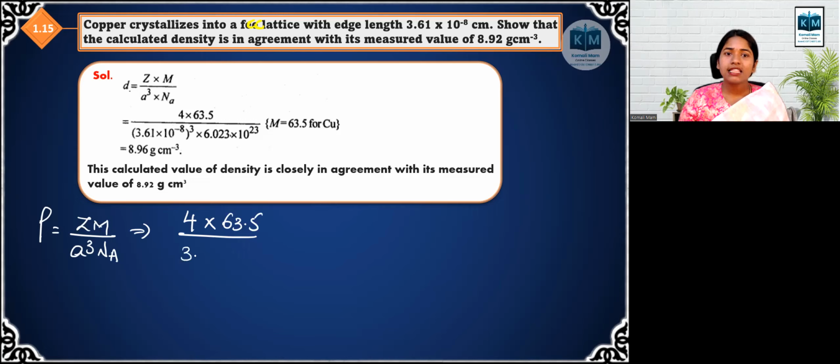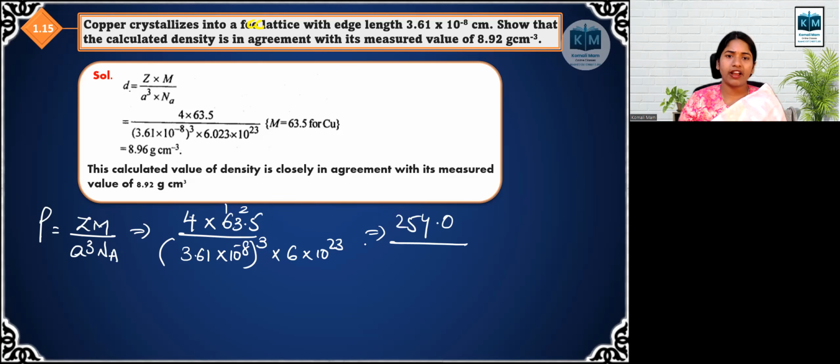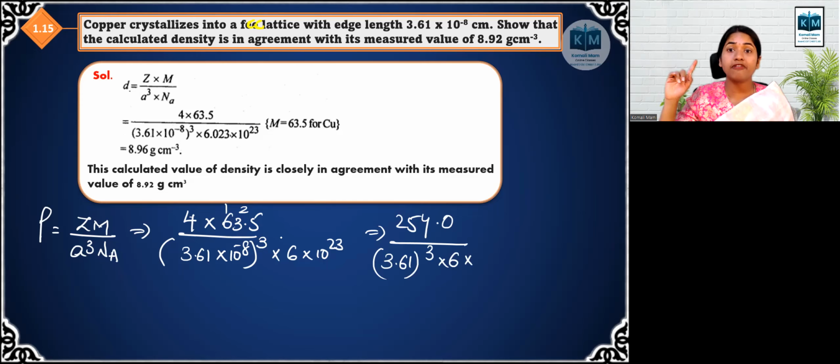A value is 3.61 into 10 power of minus 8, and this is whole cube, into 6.023 into 10 power of 23. Now remove the points. 63.5 into 4 is 254. And here 3.61 whole cube into 6, and 10 power of minus 8 whole cube is 10 power of minus 24.